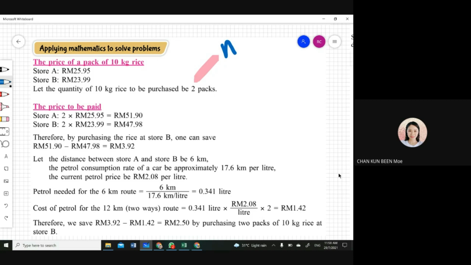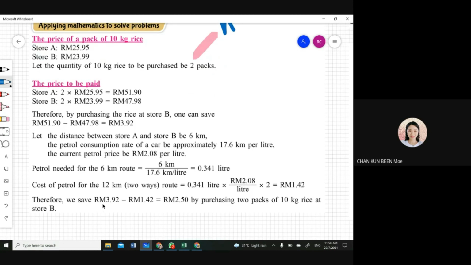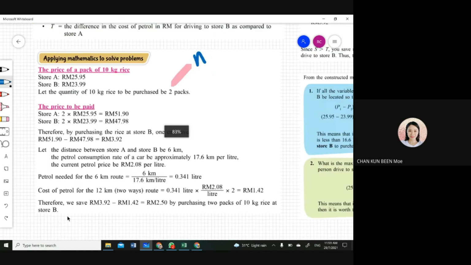Now, therefore, we save 3 ringgit 92 cents from the price of the packs of rice, minus 1 ringgit 42 cents, which is the cost of petrol, because you need to pay for this. Although you save this much, you have to pay for the petrol this much. So the difference that you can save is 2 ringgit 50 cents by purchasing 2 packs of 10 kg rice at store B. Okay, now we enter into the next part here.